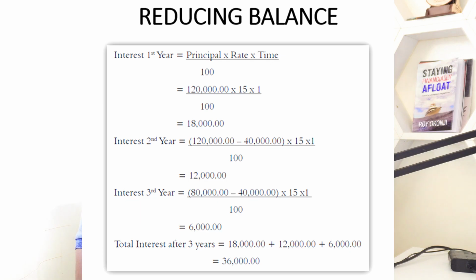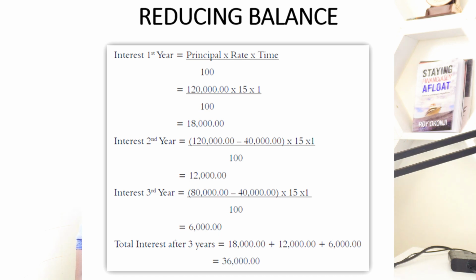When we move to year 3, we still take the same calculation, but the principal amount is what is remaining after the 40,000 is repaid after the second year. In this case, we are left with a principal of 40,000. That is 80,000, which was the principal in year 2, minus 40,000 that was paid at the end of year 2. And that gives us a principal of 40,000 times 15% times 1 year, the last year.